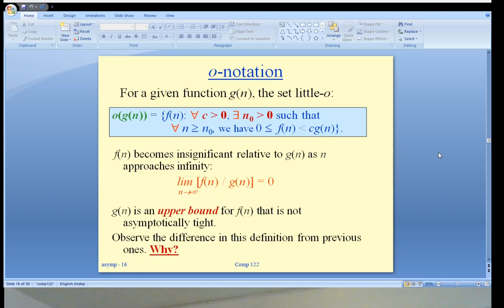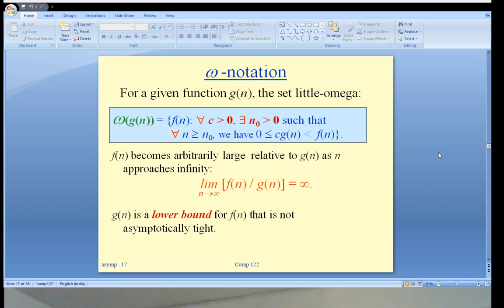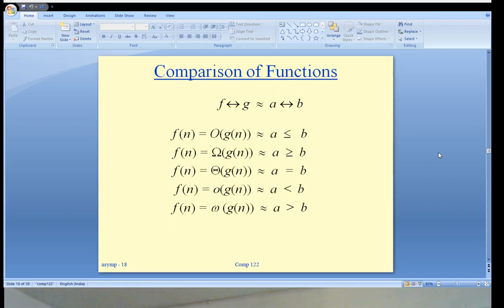When there is no asymptotically tight bound, then we find the lower bound in that case.